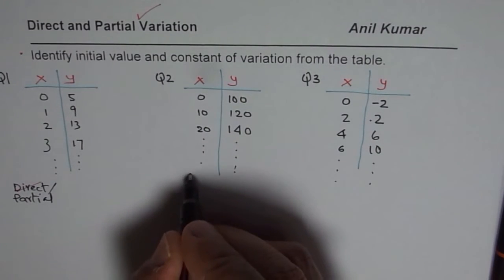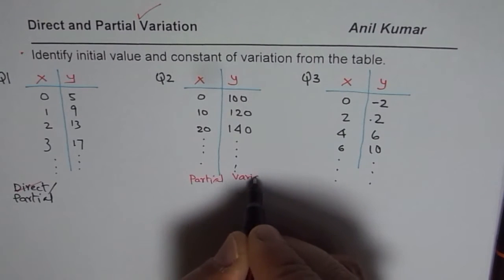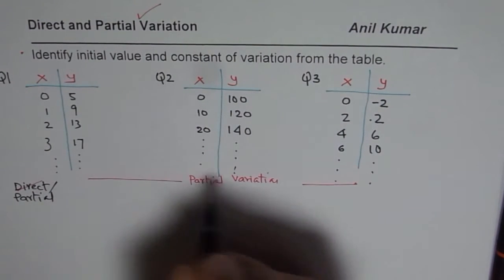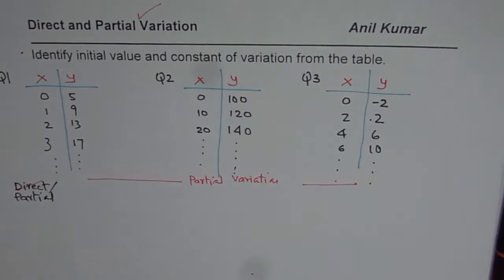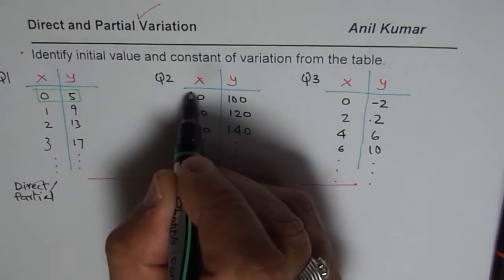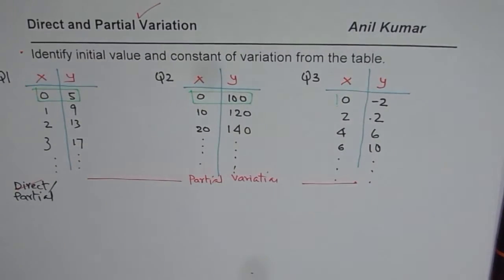So we have three cases for partial variations, and in these three cases, now let us try to find the initial value. Now initial value is always the value when x is 0. So the initial value is 5. Here the initial value is 100, and in this case you know what it is, correct?